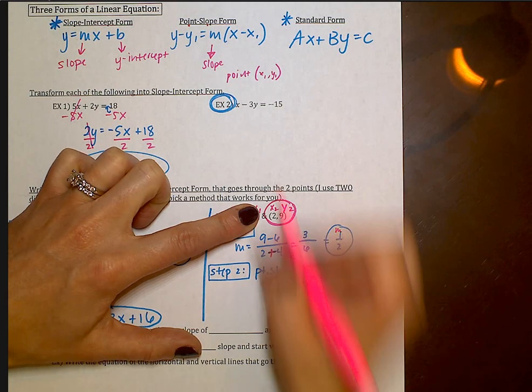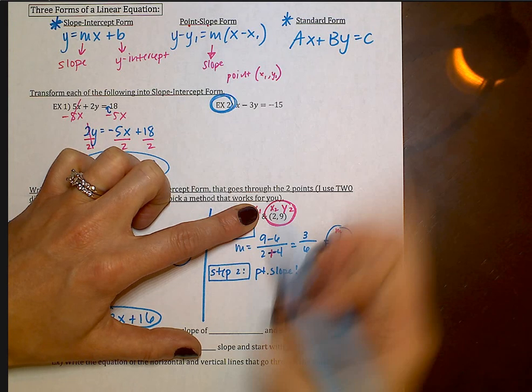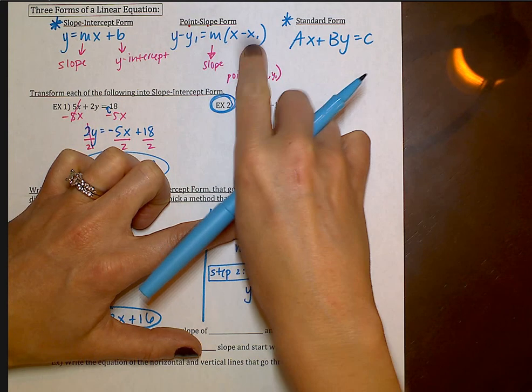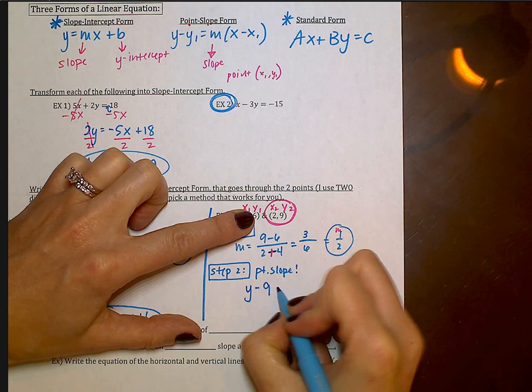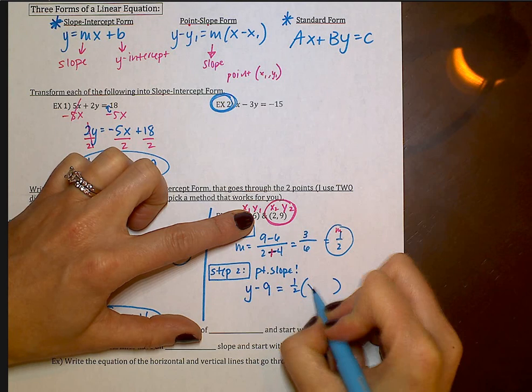So when I plug into point slope, here's what it looks like. The y and the x that are plain, you leave those there. You plug in for the x1 and the y1. So I need to subtract the y value of the point, which would be 9. And then the slope, and then in parentheses next to it, I'd do x minus 2.